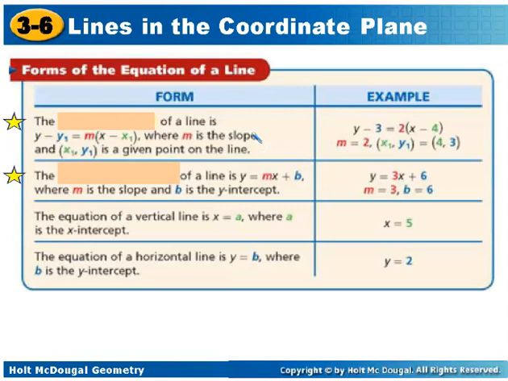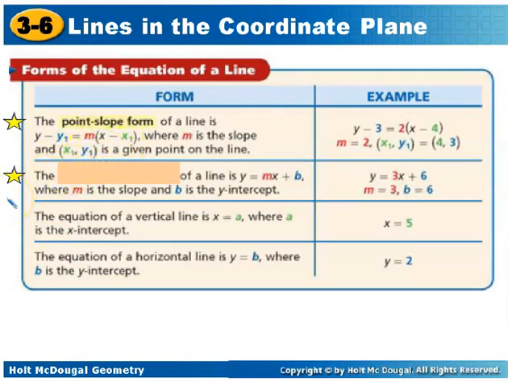Okay. This is a great table to help you remember the different forms of writing an equation. So let's get into it. The point-slope form of a line is given by y minus y1 equals m times x minus x1.